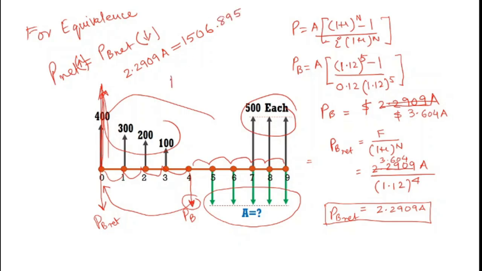So if I find out, A comes out to be $5657.77, of course dollars. So this will be the value of A, so that the upward and the downward transactions are the same. So this is the solution of the problem.